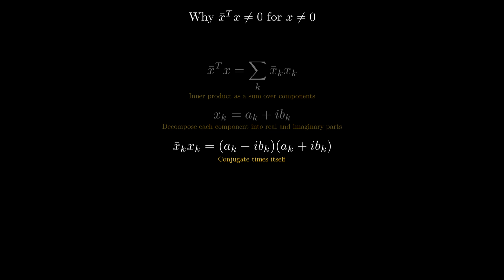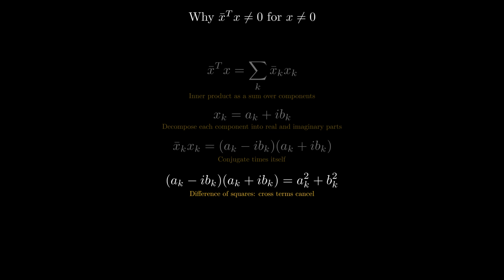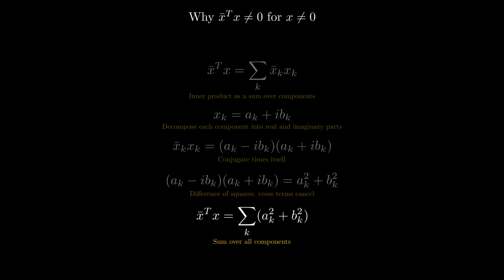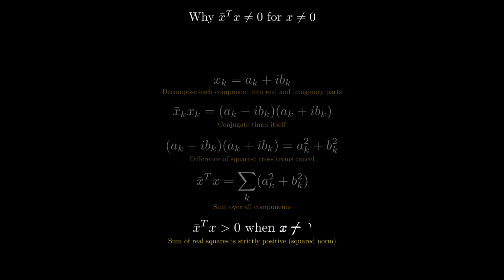Then x bar sub k times x sub k is a sub k minus i b sub k, multiplied by a sub k plus i b sub k. That's a difference of squares pattern, and it simplifies to a sub k squared plus b sub k squared. Now sum over all components. We get x bar transpose x equals the sum of a sub k squared plus b sub k squared.